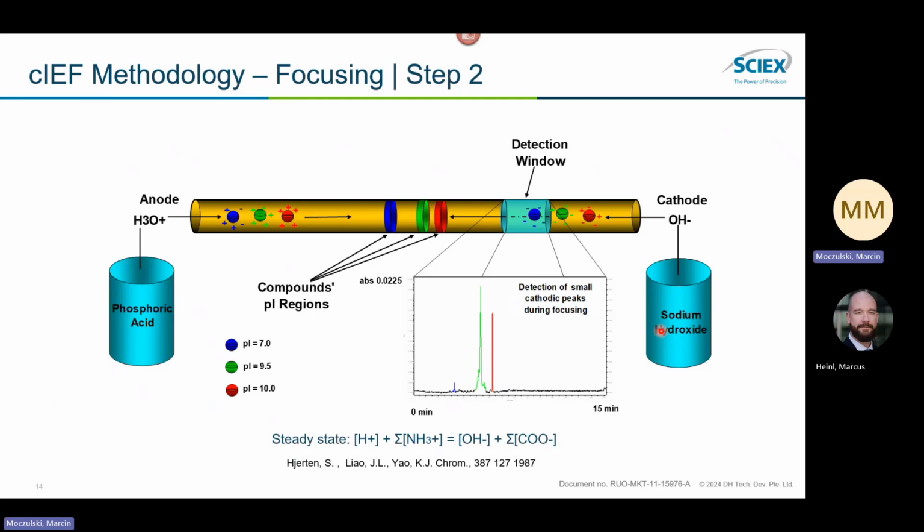When we apply voltage, what happens with molecules is exactly the isotachophoresis phenomenon, when molecules from each part of the capillary move through the capillary to find the exact place depending on their protonation. At the same moment, phosphoric hydronium cations and, from the opposite side, hydroxyl anions coming from sodium hydroxide are moving through the capillary as well.